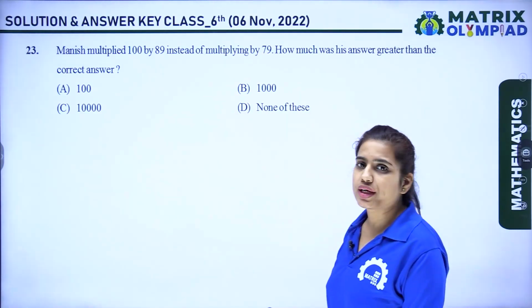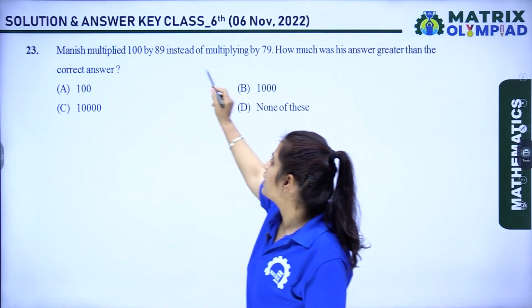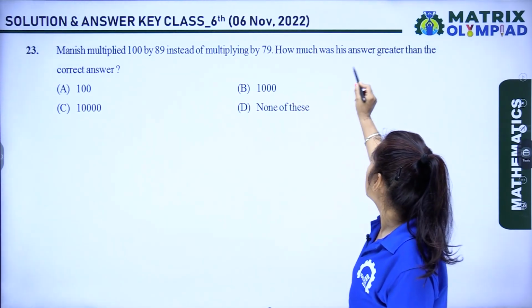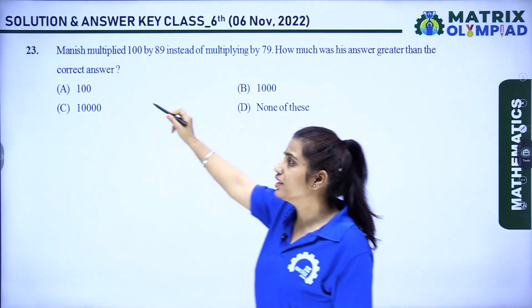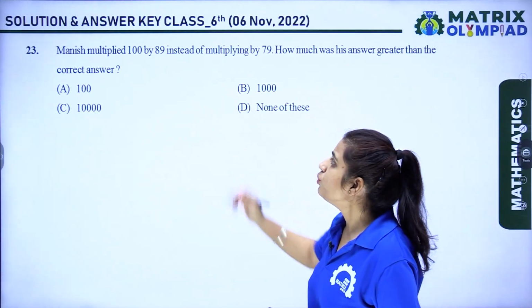Here, question number 23. Manish multiplied 100 by 89 instead of multiplying by 79. How much was his answer greater than the correct answer? We have to find the difference between the two numbers.